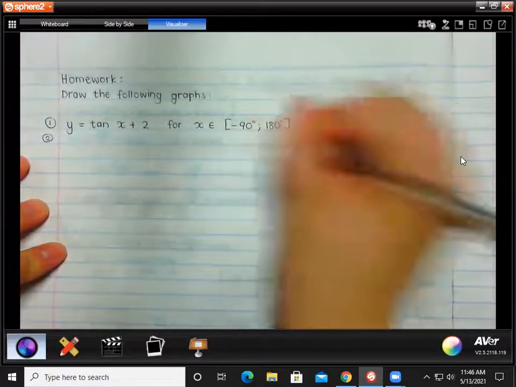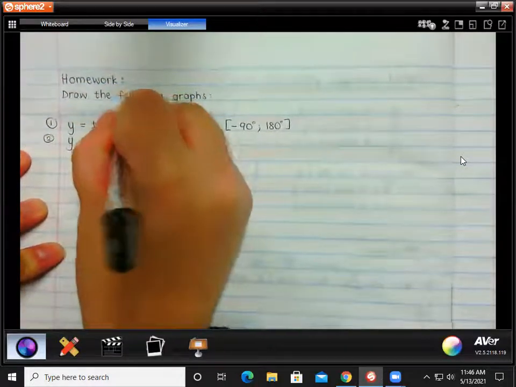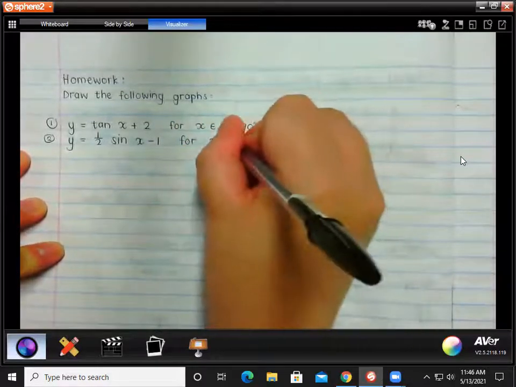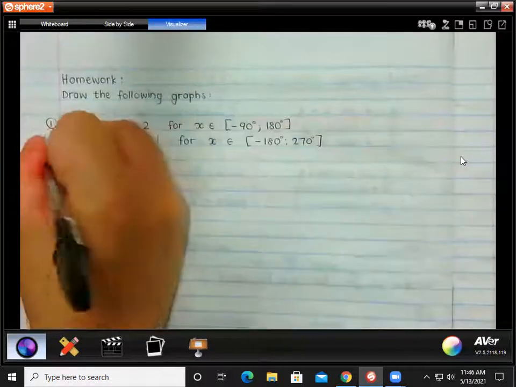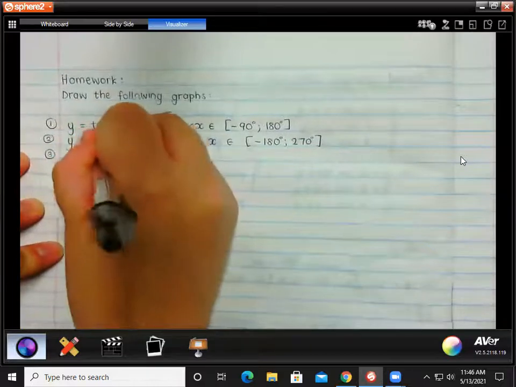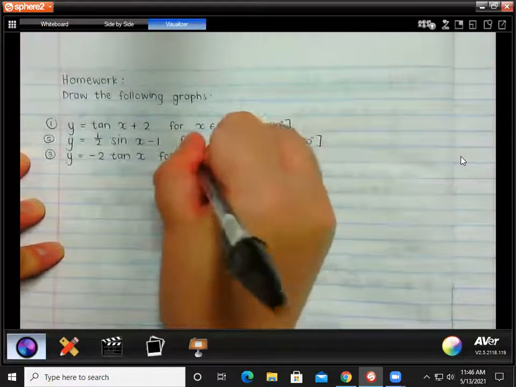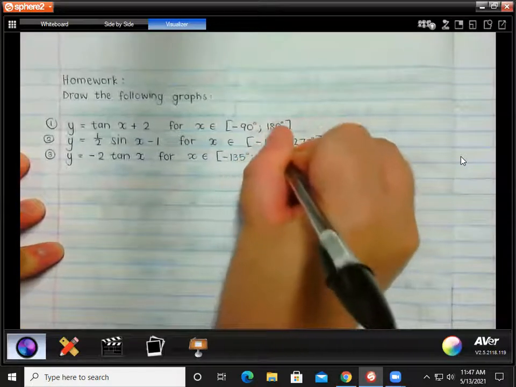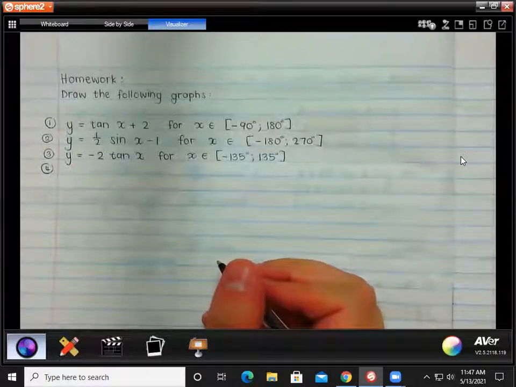So we'll do this one again, negative 90 to 180. Okay, this is the last one that I'm going to give you.